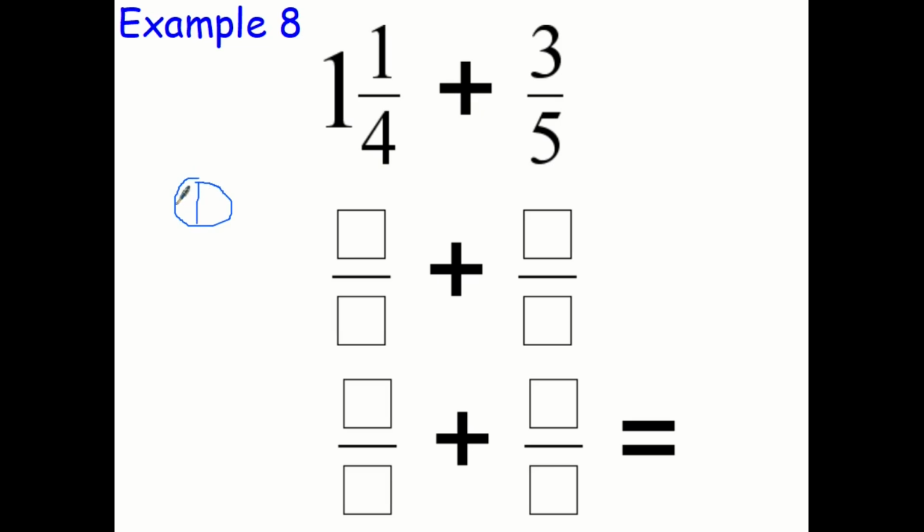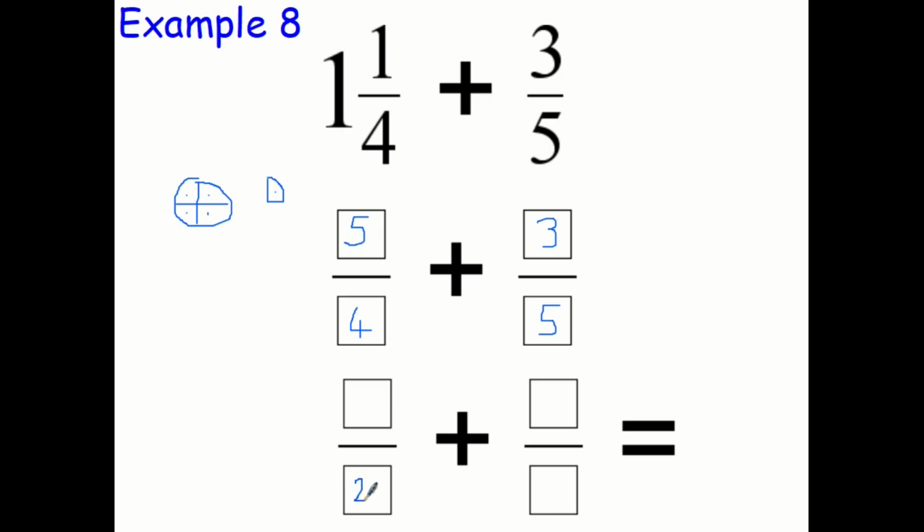So 1, that's 1 whole cake, and 1/4 is 1 2 3 4 5 quarters. 5 quarters. And I'm adding 3/5. So step 1 when you've got a mixed number is to change it into an improper fraction like this. Step 2, find a common denominator.